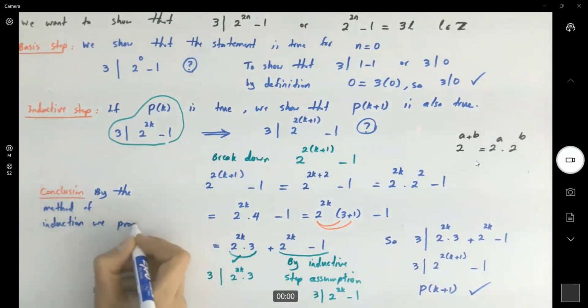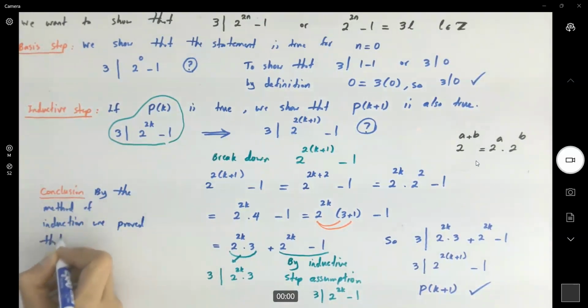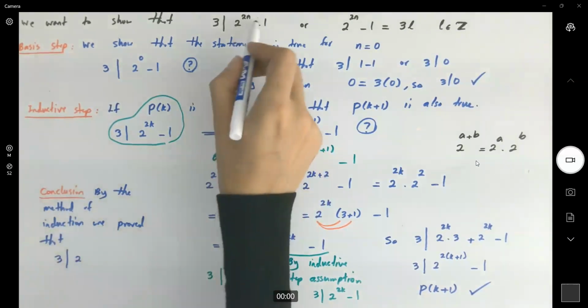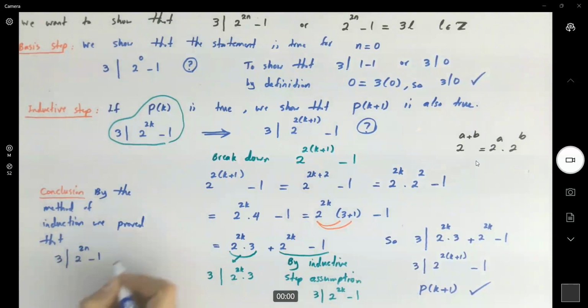We prove that 3 divides 2 to power 2n minus 1 when n is larger than or equal to 0. So we have a nice formula. Whenever you want to use this formula, you can say that, hey, I proved this by the method of induction, and now I can apply this formula. Divisibility by 3.